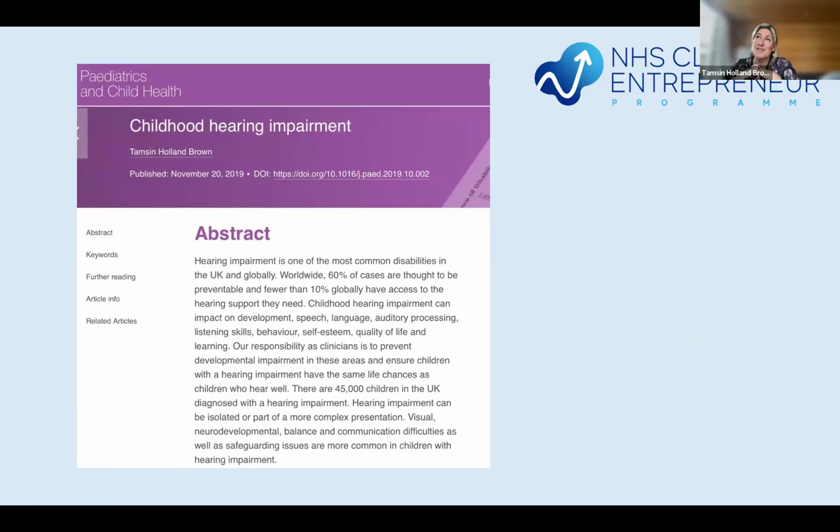One way to make yourself a thought leader in an area, or to raise your profile, or because you're just desperate to tell other people that this is really an important area, is to write a thought piece in a newsletter or a journal. And I'm sorry if I come across as being really stupid, but I just hadn't realized that you could do those thought pieces and that journals accepted those as well as research.